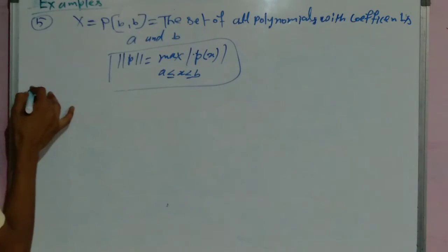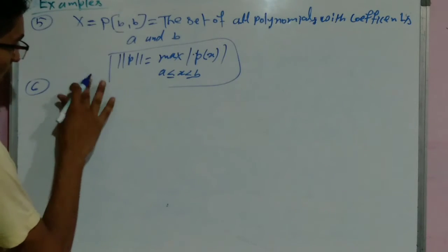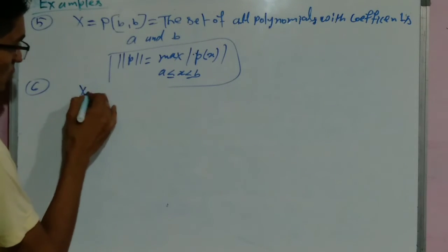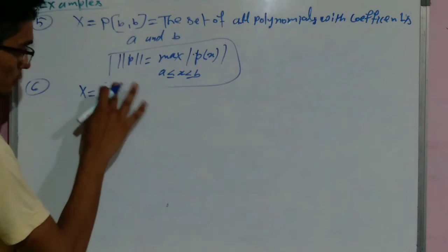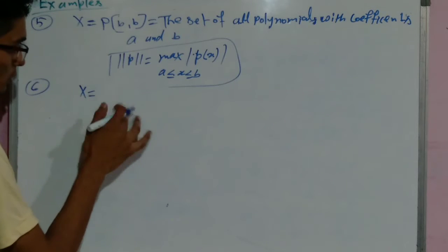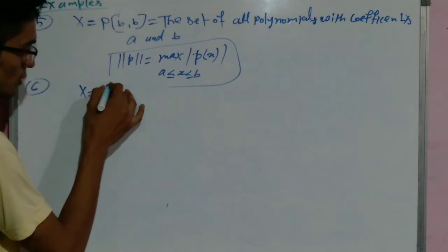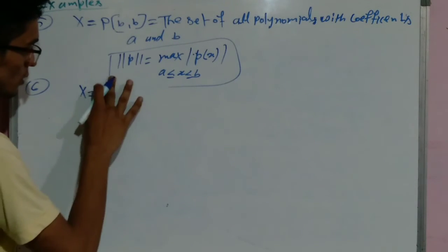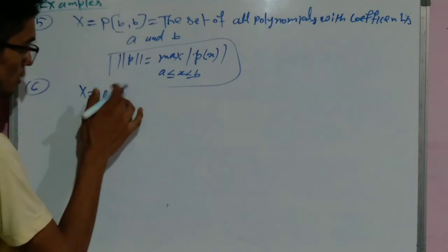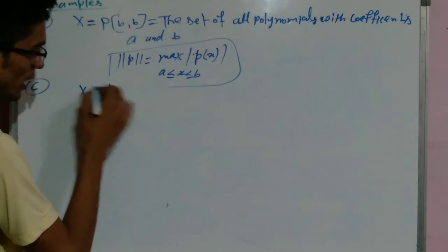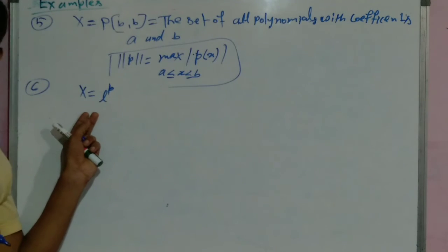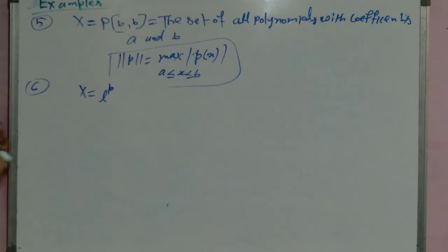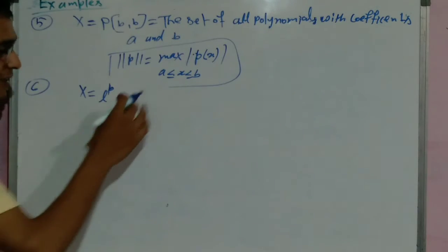If we take example number 6. So if we take X equal to l^p. I feel that you have heard l^p for the first time. If you know it, then there is no problem.